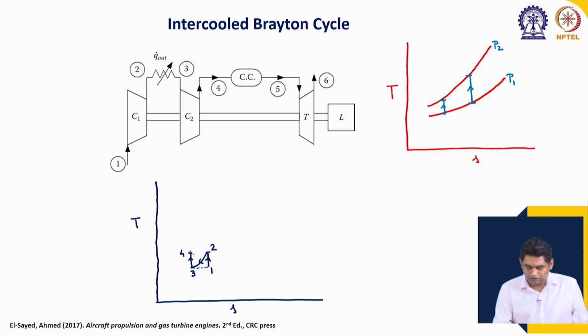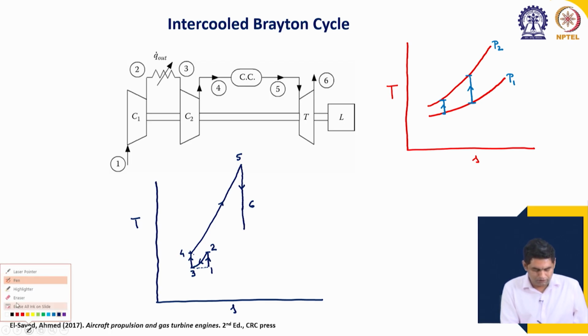Then the normal heat addition, or the combustion process, occurs. Then we have the expansion in the turbine. Okay. So, 4 to 5 is the heat addition, combustion, and 5 to 6 is the expansion in the turbine. Let us say that 6 is somewhat lower, as will be the case.